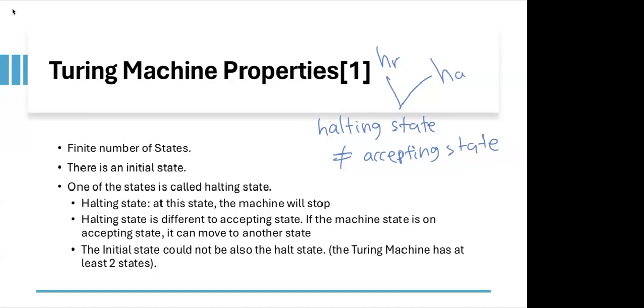But if it is in the halting reject state, it means it will stop, but the string will be rejected. If it never reaches a halting state, it means there will be an error. The initial state also cannot be the halting state. So the Turing machine has at least two states, one initial state and one halting state.